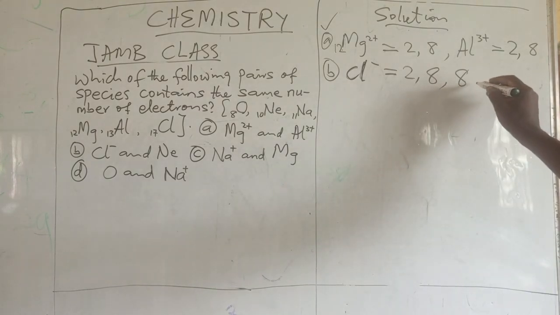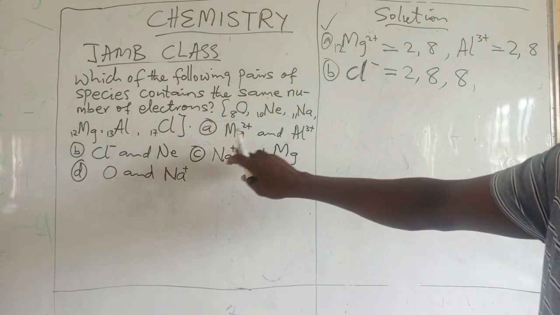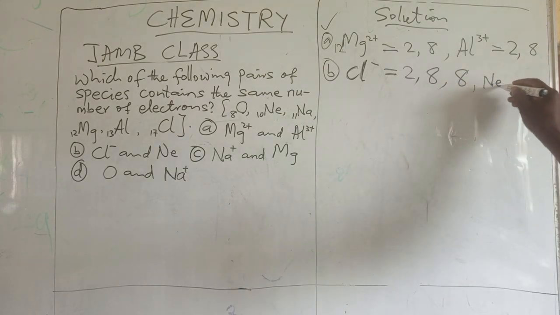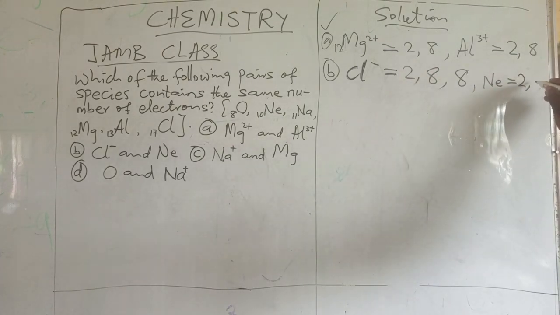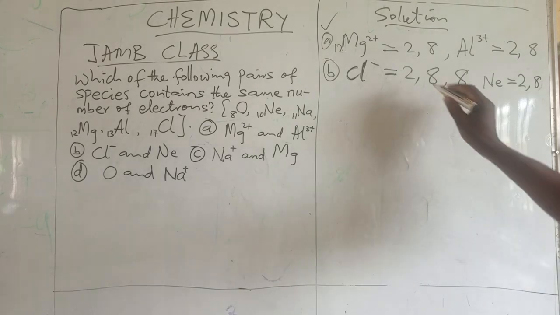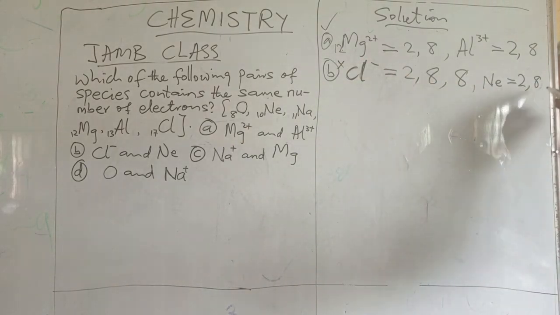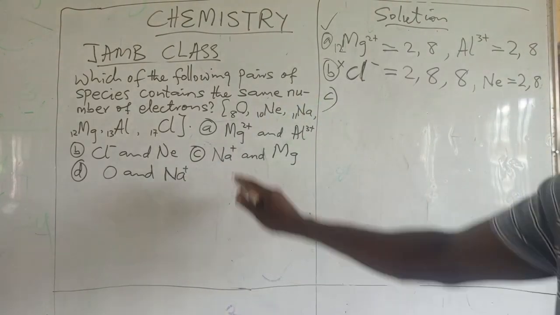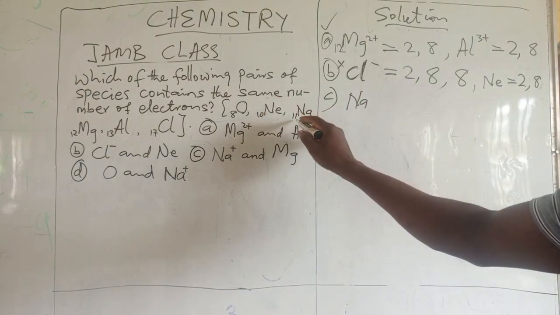Now, the one of its neighbor is Ne. Ne is neon. Atomic number is 10. No charge, so the same number of electrons will be written: 2 and 8. Are they the same? No. This is 2, 8, 8. This is 2, 8. So they are not the same. So if you do C, Na there is 11.